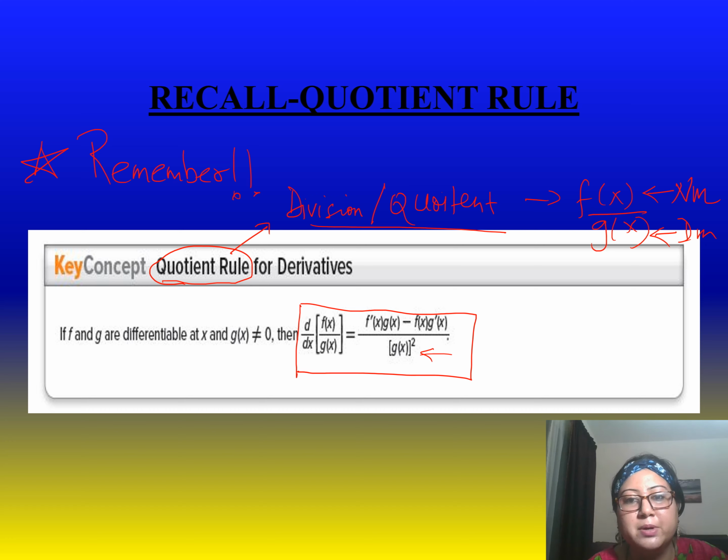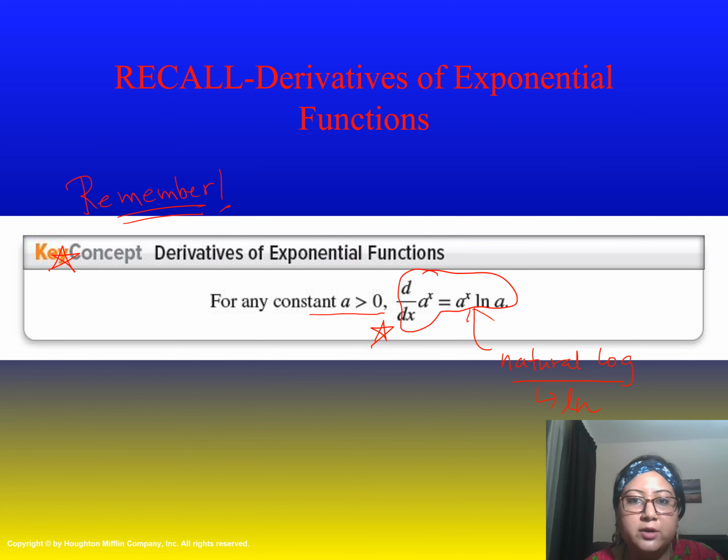So I hope you are going to memorize it with this trick, and let's then move on to the next slide. Again, now I would want you to recall a very easy derivative rule that is applicable for exponential functions. And as you know, the exponential function is a very important function and very easy function to work with.